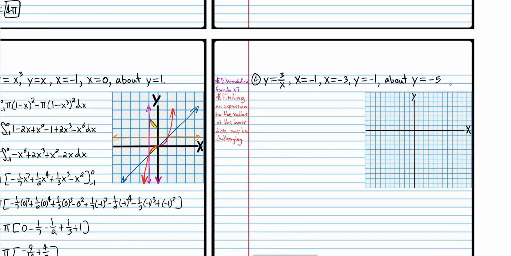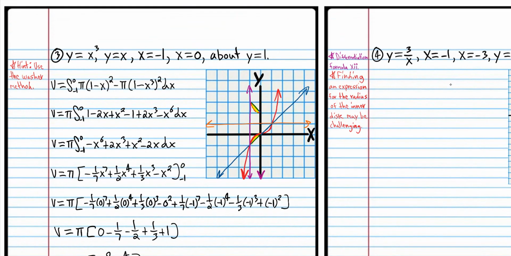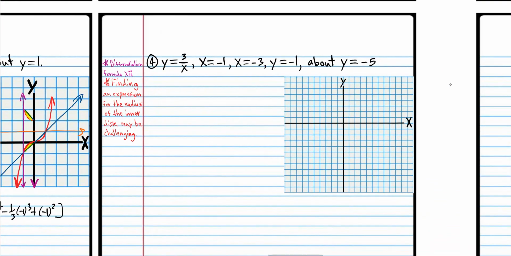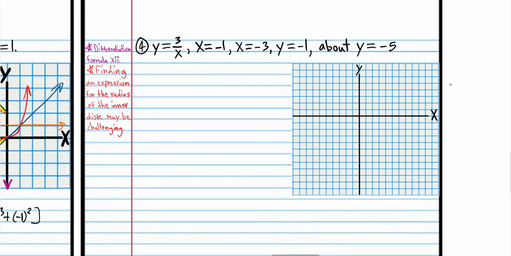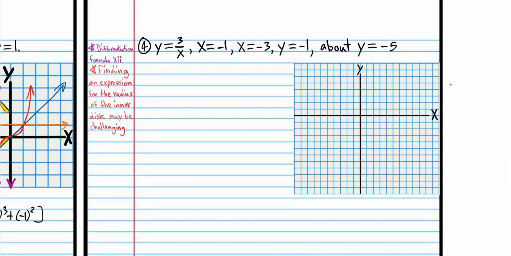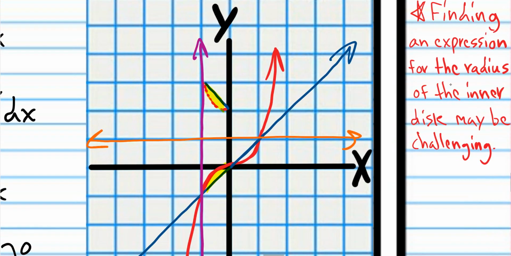and be aware that the hardest part of these problems is figuring out these blue expressions, the radii of the cross-section circles. And for this problem, finding an expression for the radius of the inner disk or possibly the outer disk might be challenging, because down here, for example, this length was difficult to calculate because the y values of the red graph and the blue graph are negative values.